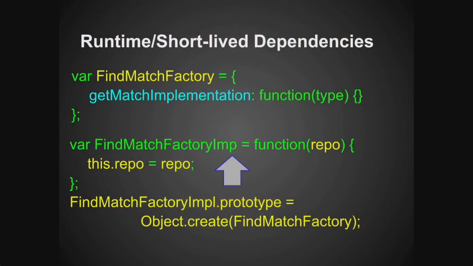So here's a quick implementation of this interface. Again, I have my constructor. In this case, it's going to take a user repo object. I'm broadcasting to the world that I am going to implement the findmatch_factory interface.